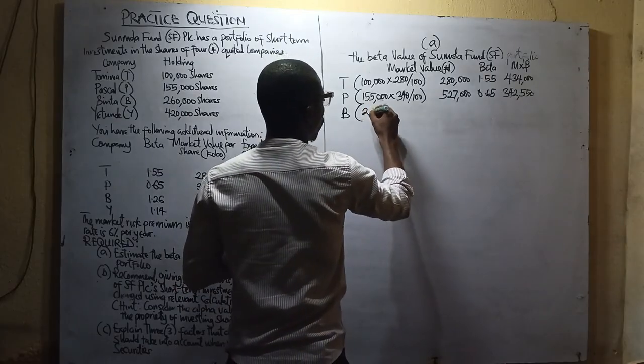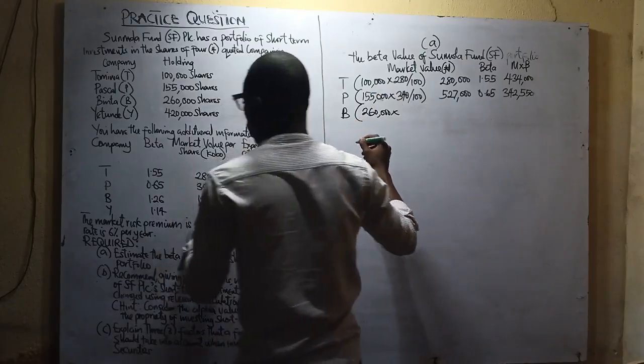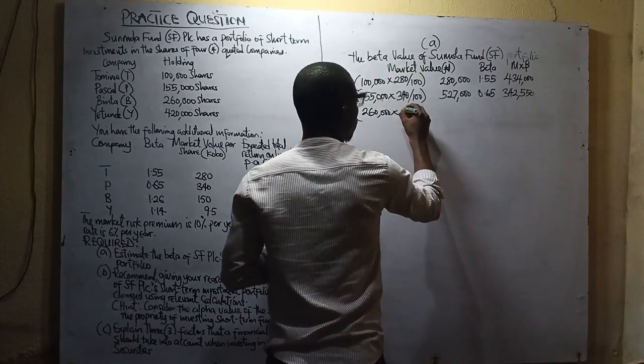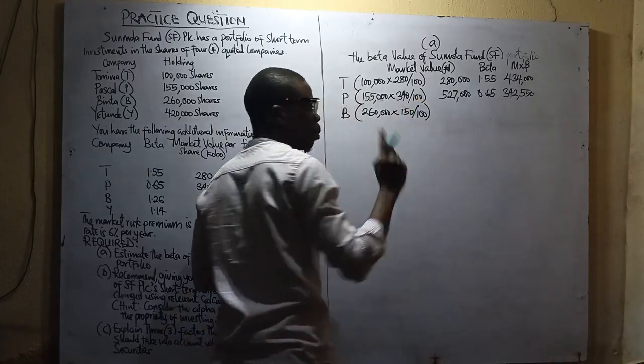They have 260,000 times the market value, which is 150 kobo divided by 100.